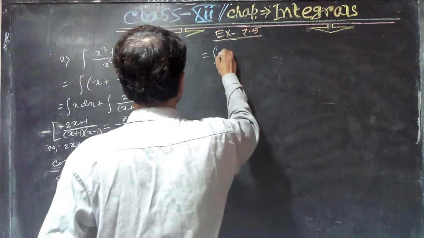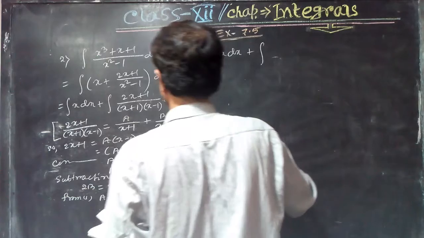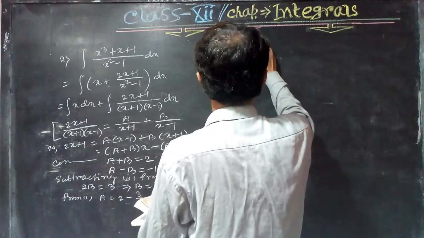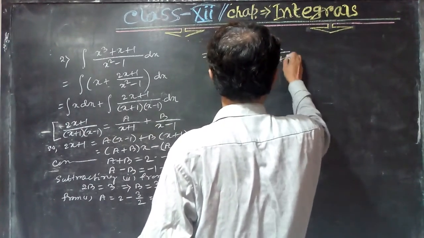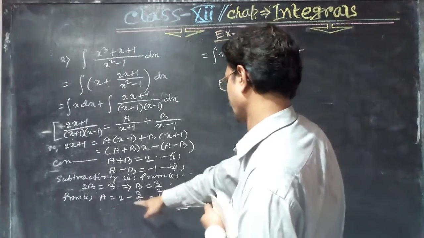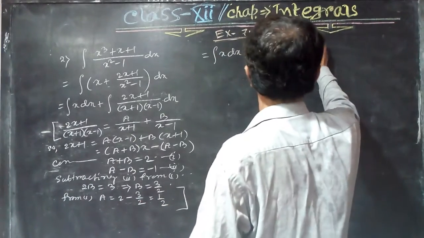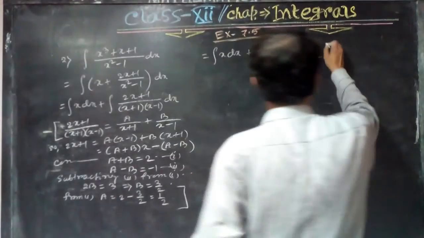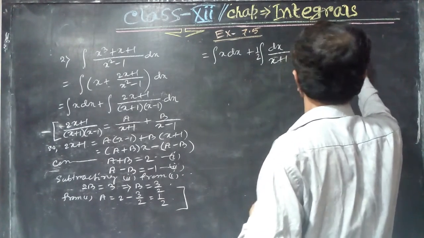Equal to integration x dx plus integration a means half into dx by x plus 1, plus b means 3 by 2 into integration dx by x minus 1.